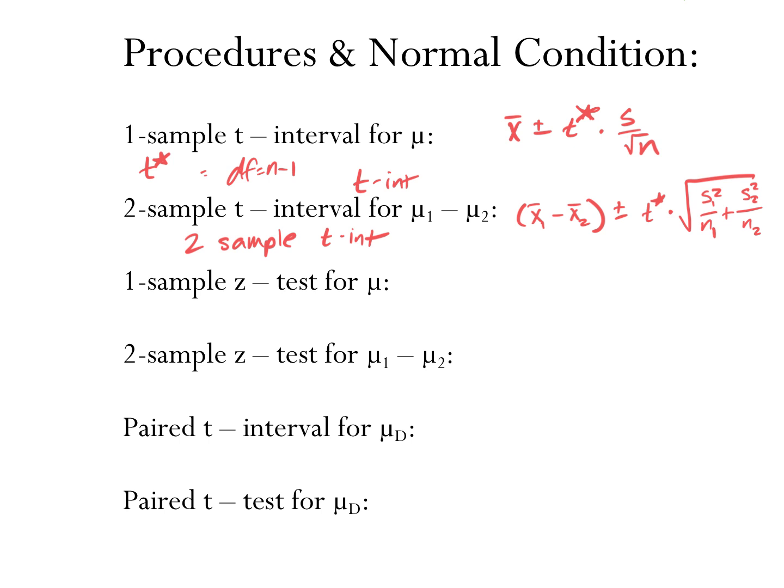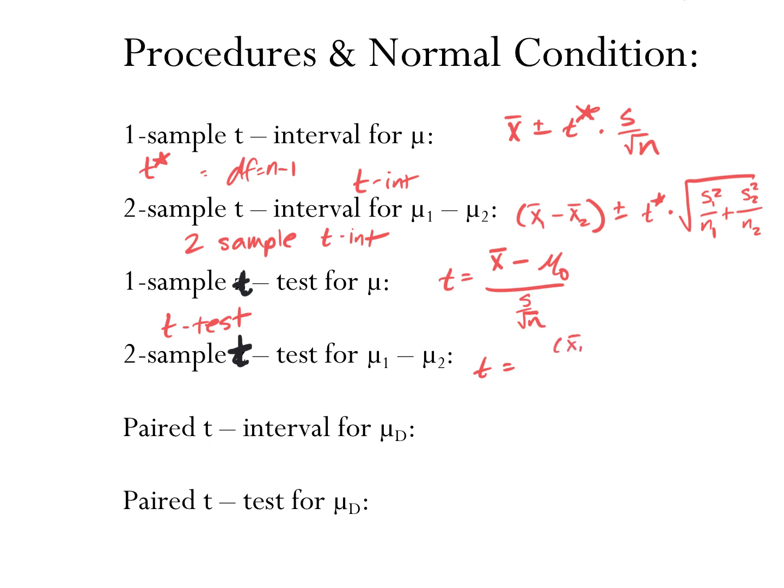All right, there is technically one sample. This is not supposed to be z. This is supposed to be t. And the biggest piece here is that your t statistic is calculated by saying your x bar minus the mean written in your null hypothesis over s over the square root of n. Again, in your calculator, you're just going to pick t-test. And likewise, there is a t statistic for the 2 sample t-test.